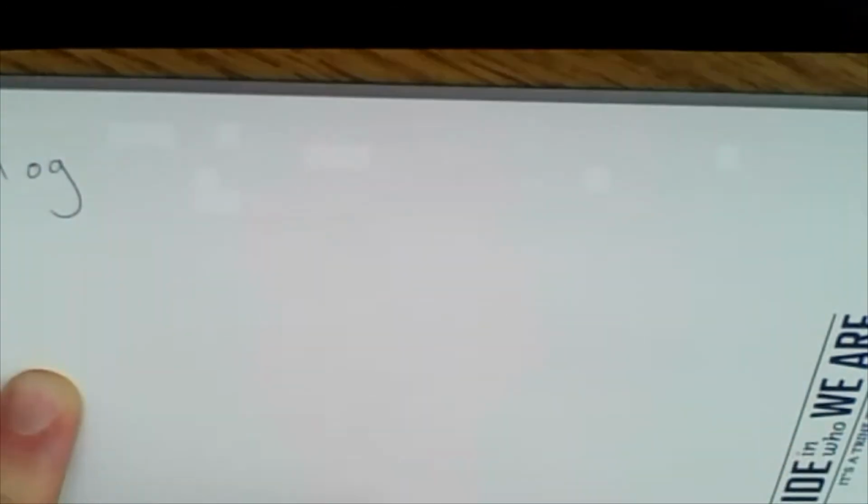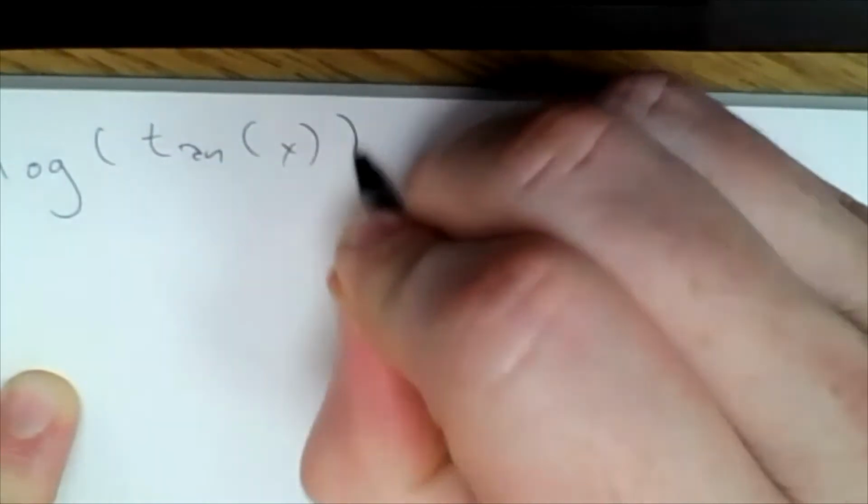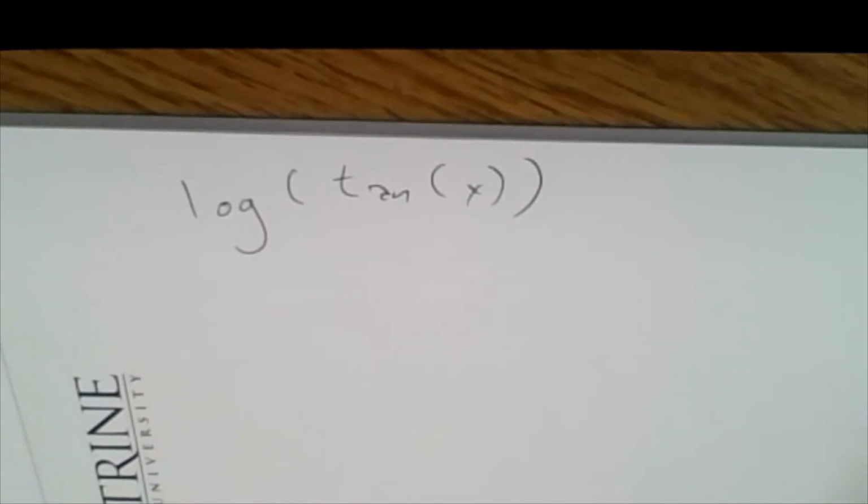Now, as you become more familiar with taking derivatives, as you remember all of these tricks from previous calculus classes, you can get to a point where you can work a function from outside in.